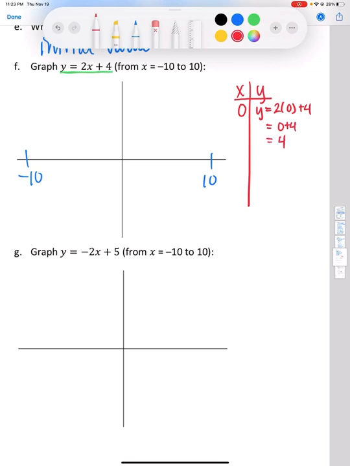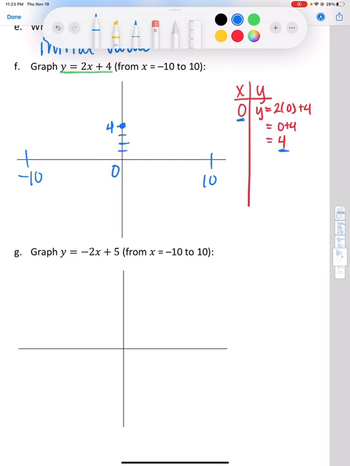So the point 0, 4 is going to be on my graph. So let's go ahead and plot that. 0 is right here. And I need 4 units up. 1, 2, 3, 4. Okay, so I just did some arbitrary units. And I'm going to put a dot at 4.